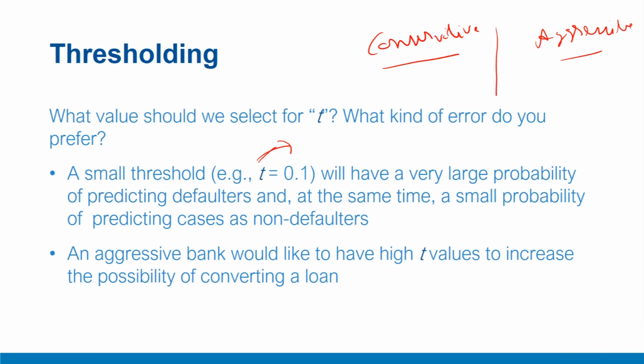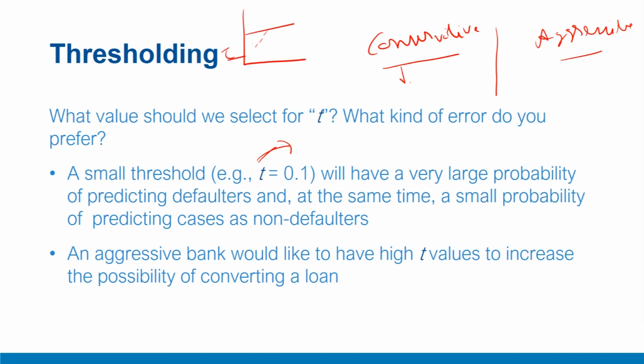A very conservative bank would like to select only a very small number of borrowers, and therefore it would like to classify even a small-risk borrower as a defaulter, and therefore it would set a very small threshold.